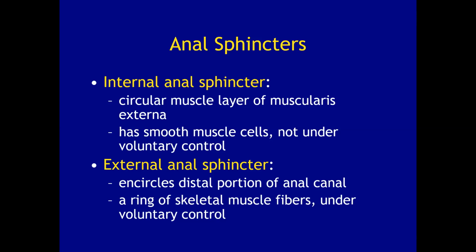So when you think about potty training a child or potty training a dog, they're not under control of that internal anal sphincter, and it takes time for neural networks to be developed for them to gain control of the external anal sphincter. That's why you can't potty train a dog at 4 weeks old or a human at 4 months old. It just takes time for those neural pathways to be developed.